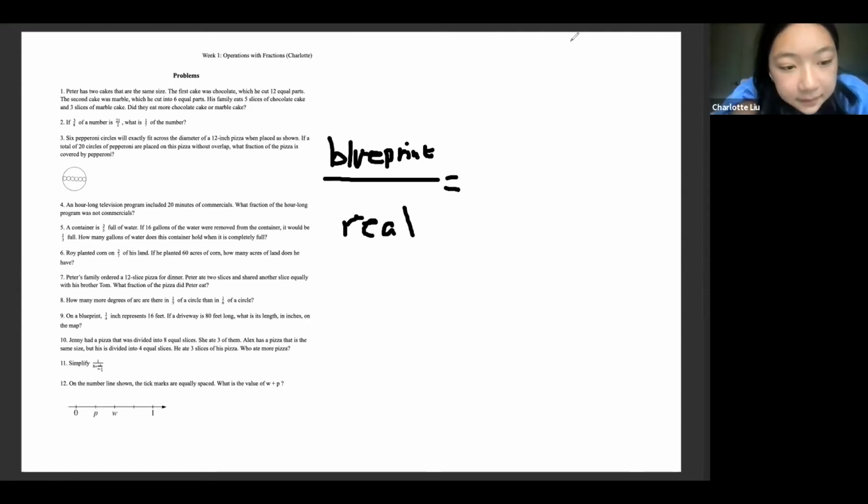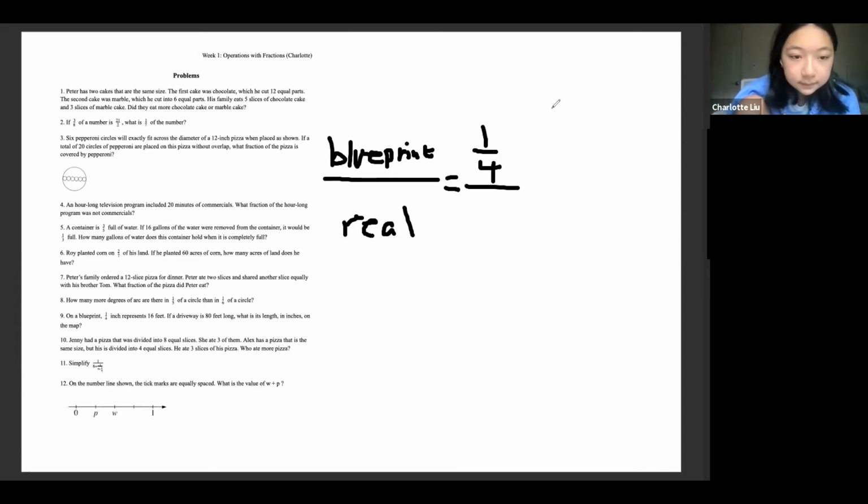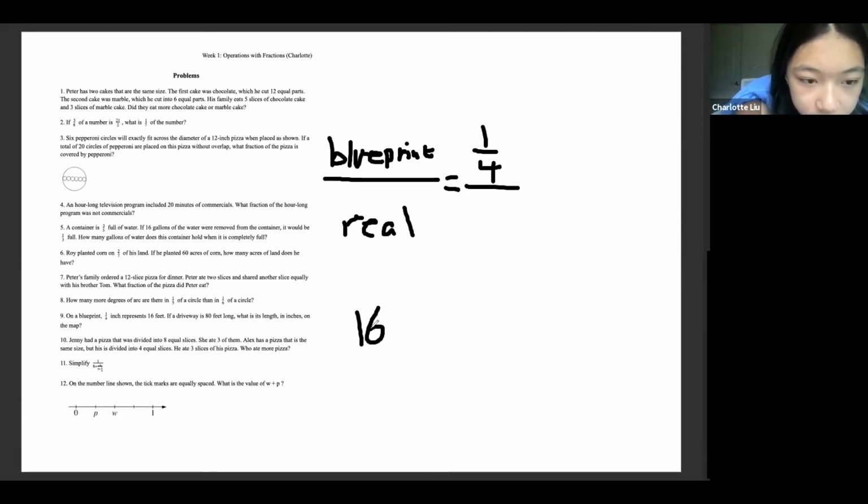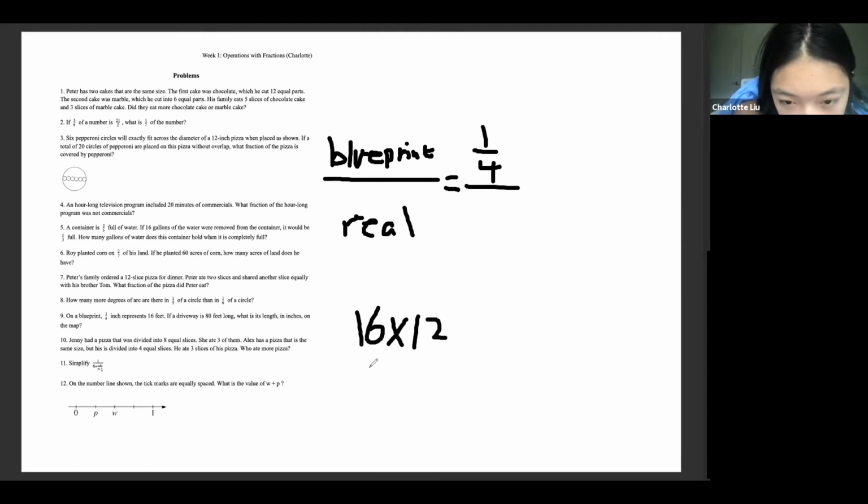The blueprint would be 1/4 of an inch, and the real would be 16 feet. So we should convert that to inches. That would be 16 times 12, which equals, you can calculate it.